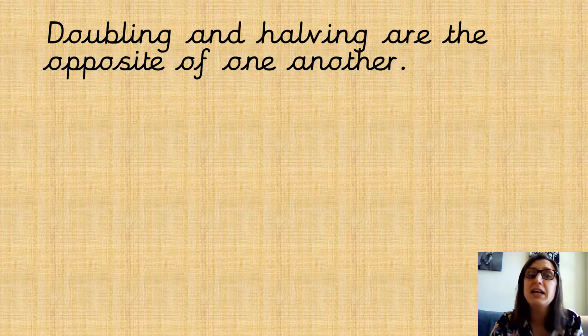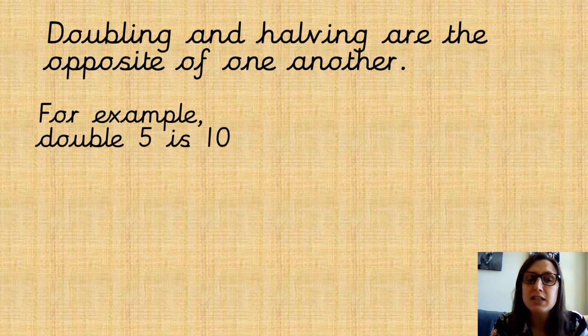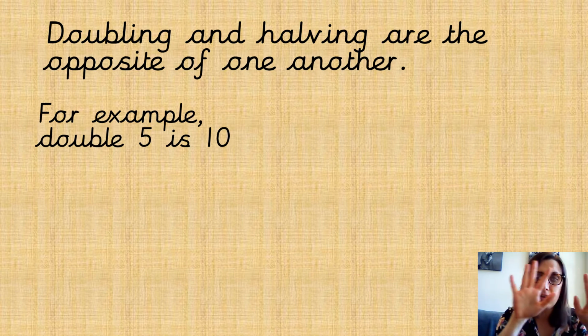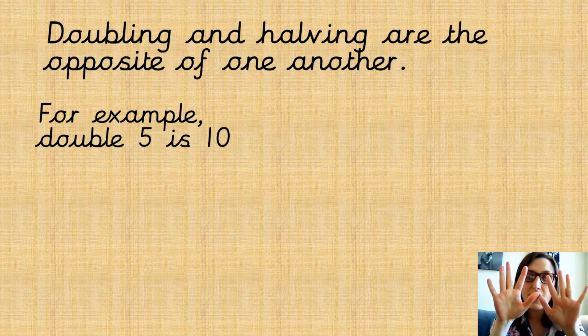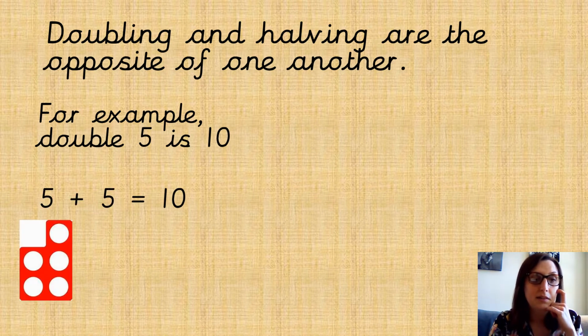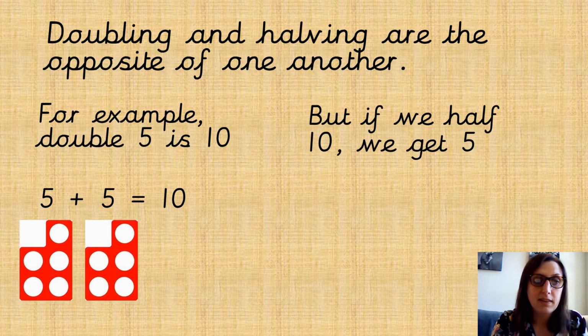Okay, so doubling and halving are the opposite of one another. So for example, double 5, so if you've got 5 add 5, here we go, 5 add 5 gets you to 10. I just did a little picture to go with it. There we go.